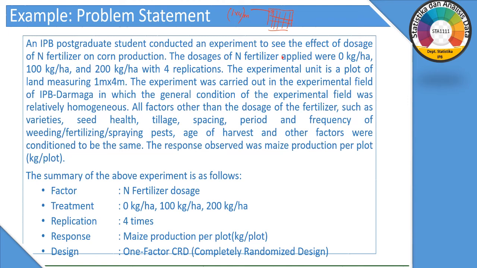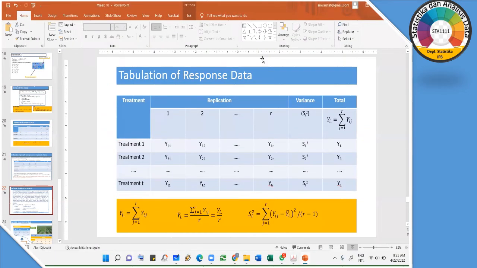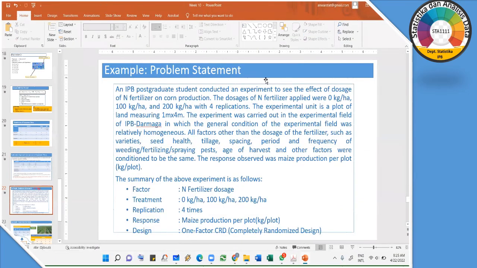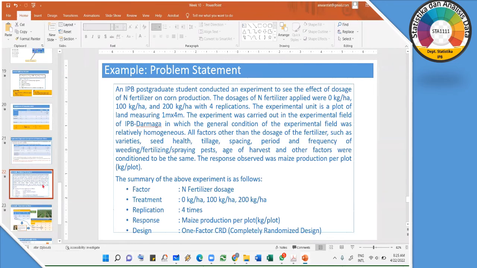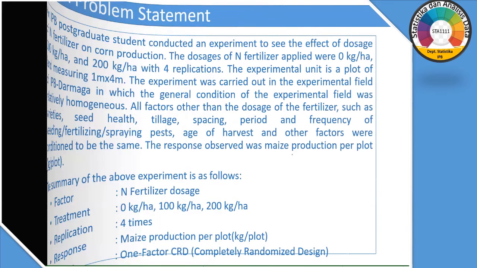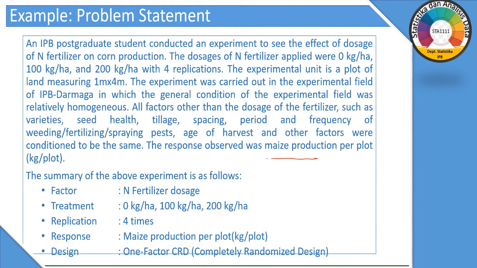So 12 experimental plots. So maybe let me just close this one first. So what you need is this kind of layout. Let me just put it here. So the layout will be similar to this, right? Let's say here. So you need to have here 3 times 4, so it is equal to 12. Let's say like this, right?